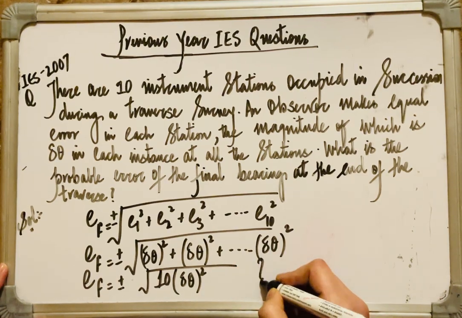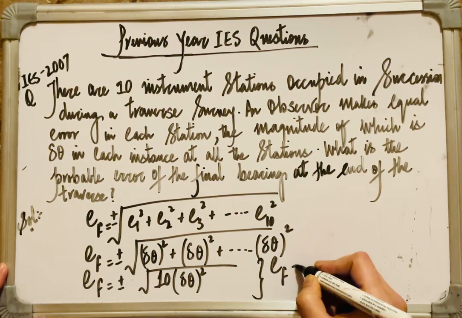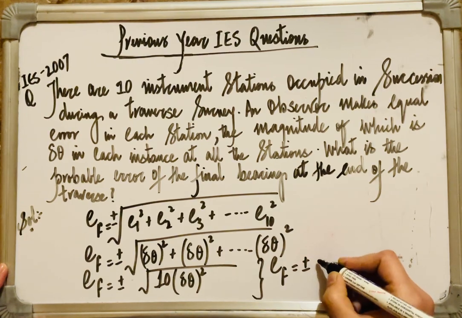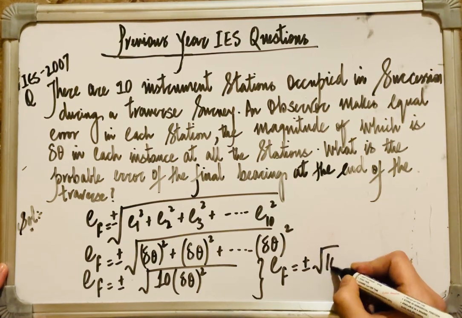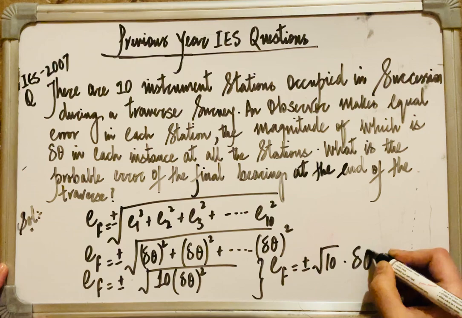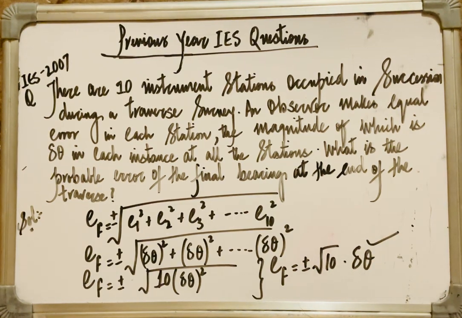Or I can write that the probable error in the final bearing is equal to plus minus square root of 10 multiplied by delta theta. So this was the question as asked in IES 2007. Moving on, let's do the next question.